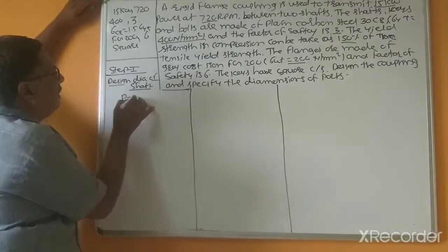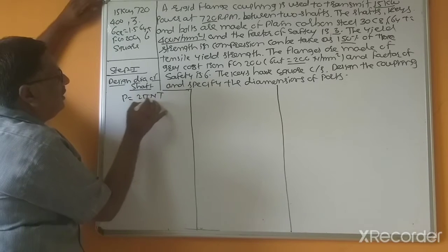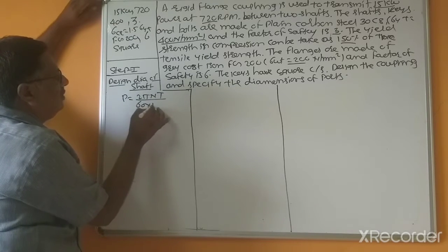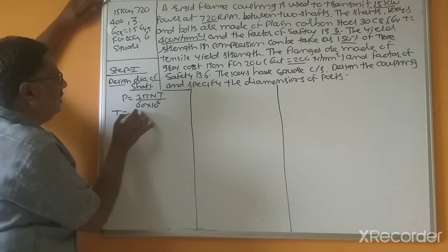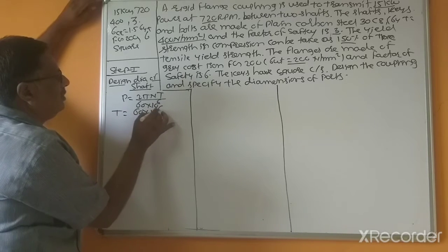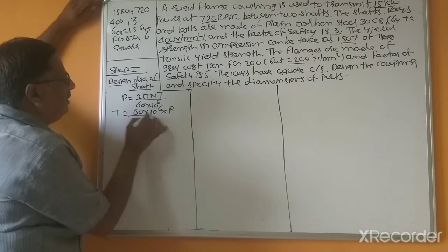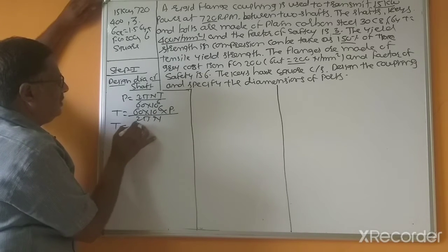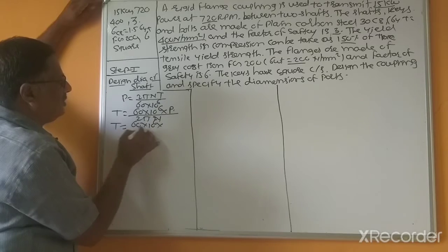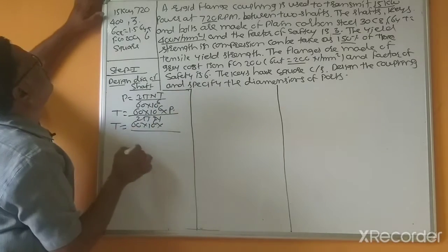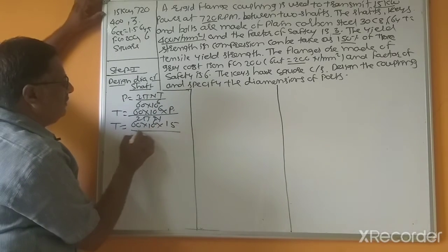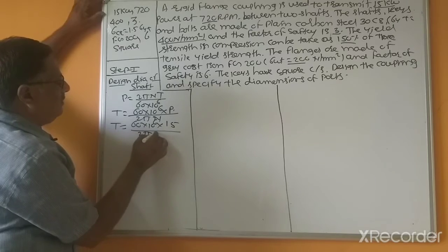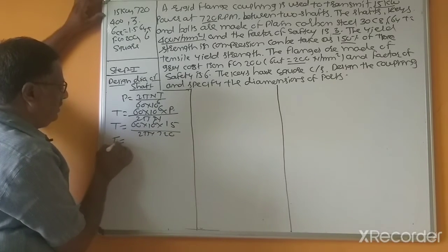P equals 2 pi nT divided by 60 into 10 to the power 6, or T equals 60 into 10 to the power 6 multiplied by P divided by 2 pi n. P equals 15 kilowatts, this is given, and n equals 720 RPM.